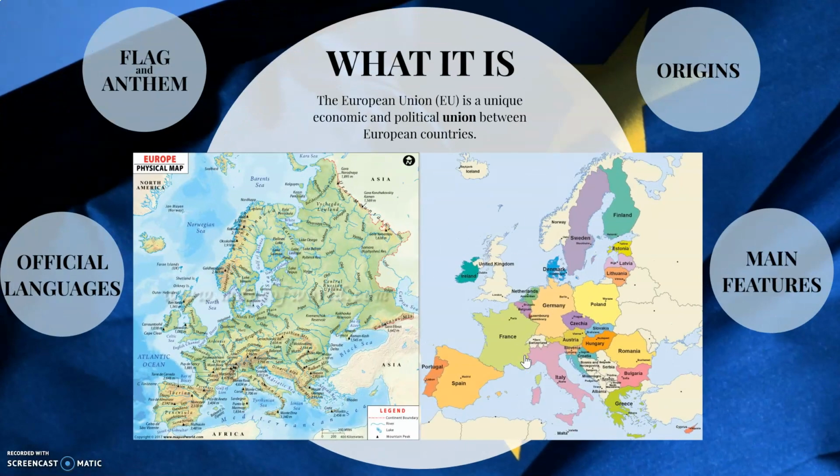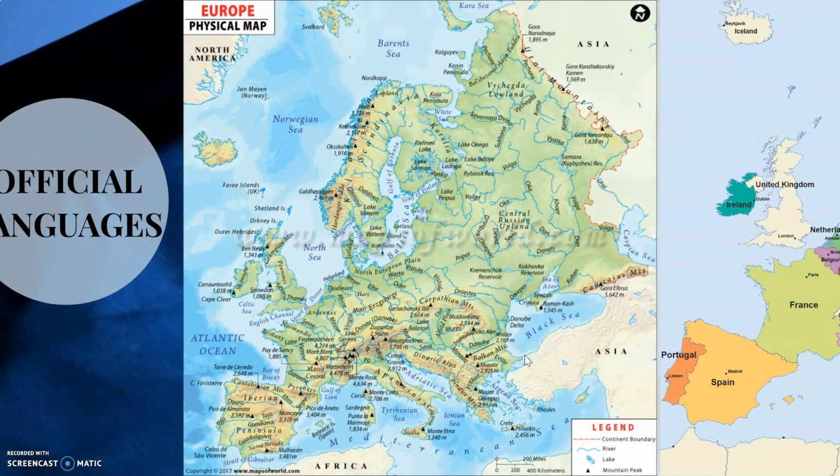The European Union is a unique economic and political union between European countries. But it is important to specify that there is a difference between what the European Union is and what Europe is. So Europe is a continent which includes 51 countries.